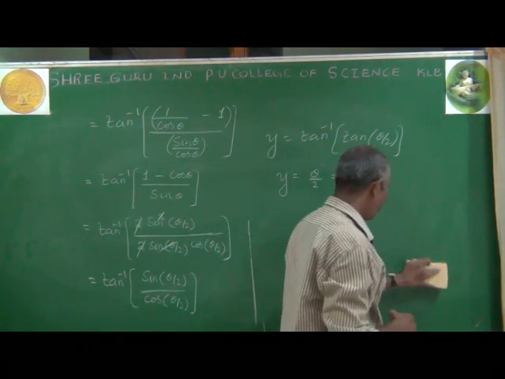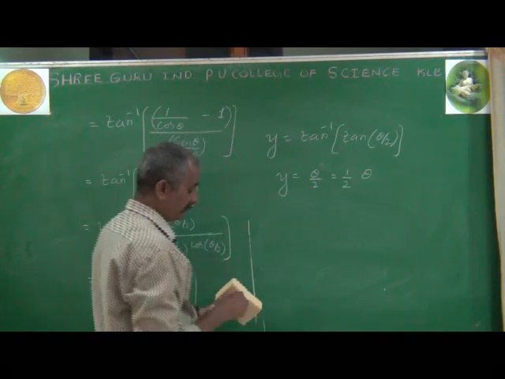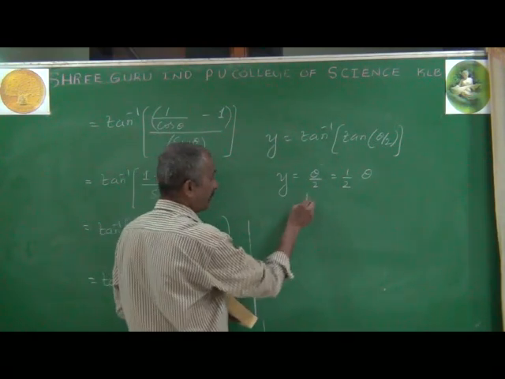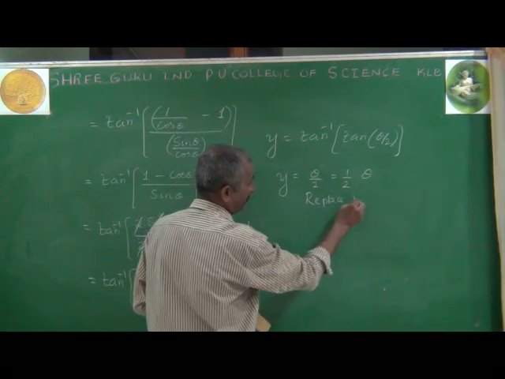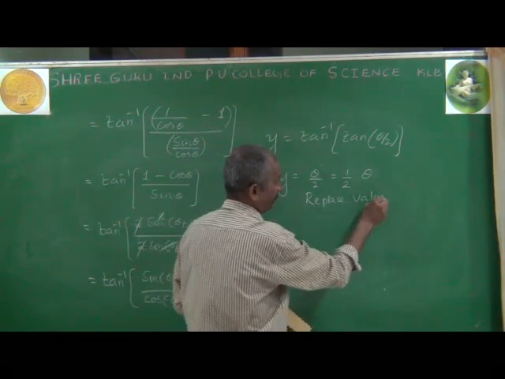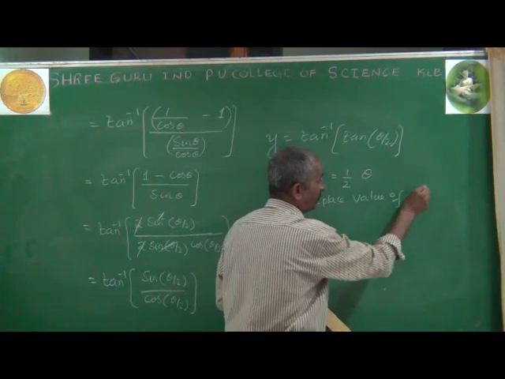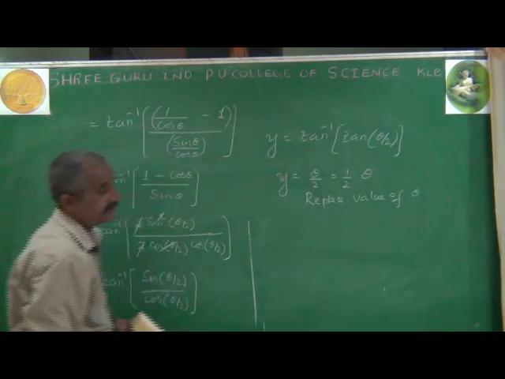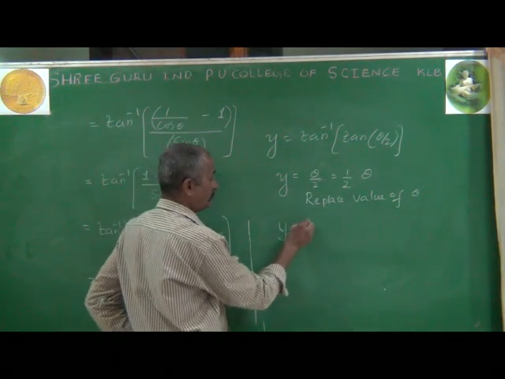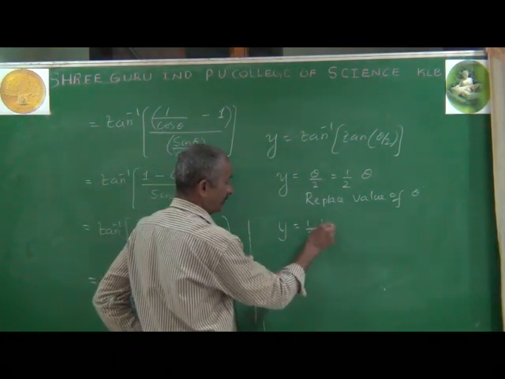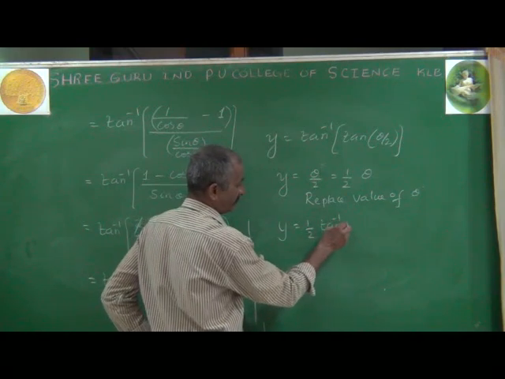Before differentiation, one more important step: replace the value of theta without fail. In this problem, the theta value was found as tan inverse of x. So y becomes 1 by 2 into tan inverse of x.